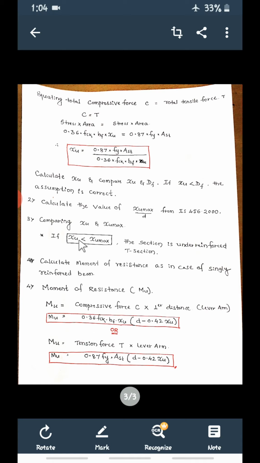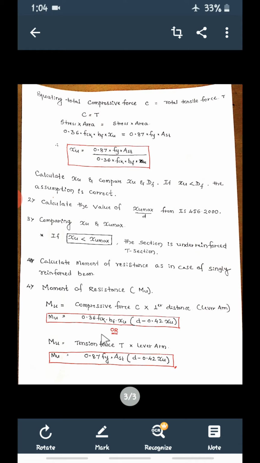This is if XU is less than XU max, that is, if it is an under reinforced section. If XU is greater than XU max, then it is an over reinforced section. Then wherever XU is there, you can put XU max or XU limit. That is the only change.